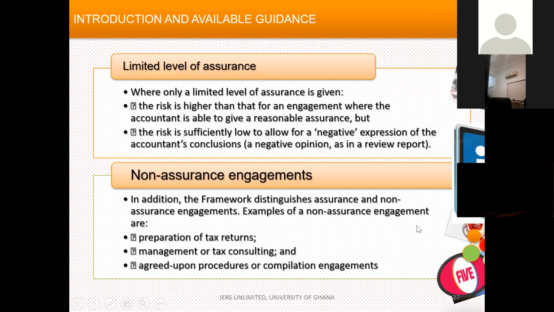Now, we also have limited level of assurance. You might hear the term limited assurance. What is limited assurance all about?